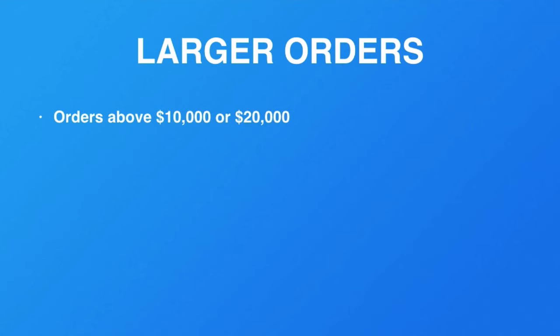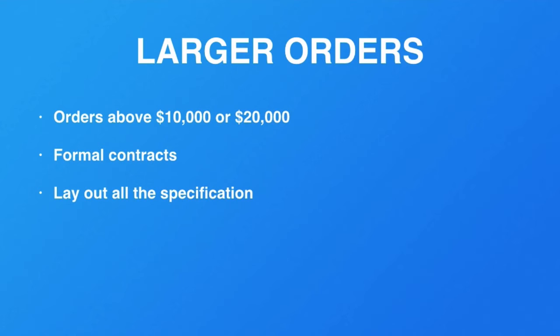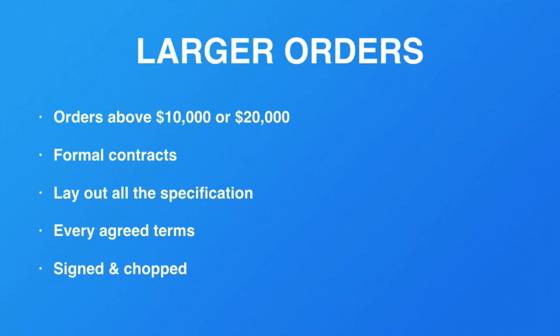But usually, for orders above $10,000 or $20,000, you will need a formal contract. Again, lay out all the specifications and all your agreed terms in the contract, and make sure that they are signed and chopped.